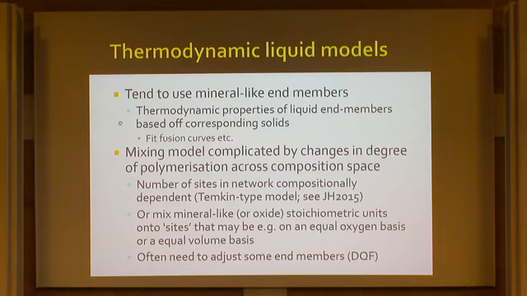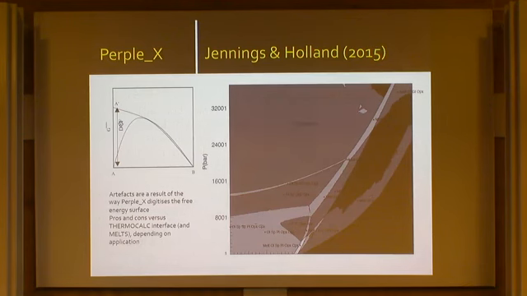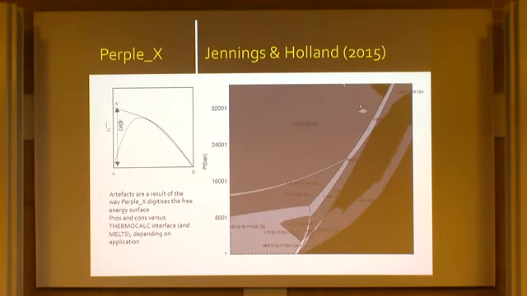But essentially, you usually end up slightly abandoning the solid-based liquid end-members with what in ThermoCalc speak is known as a DQF, which is basically in order to model highly asymmetric behavior.